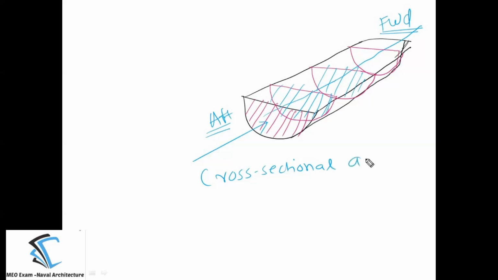Please keep this word in your mind: cross-sectional area. So we have seen the water plane area, and we have seen the meaning of cross-sectional area. These two words I am going to use again and again in this class. I hope all of you understood the difference between the water plane area and the cross-sectional area.